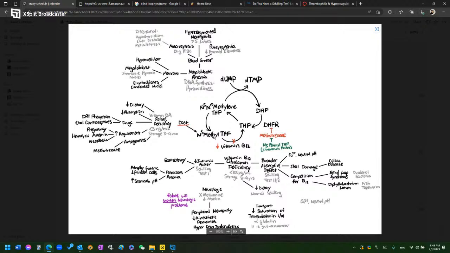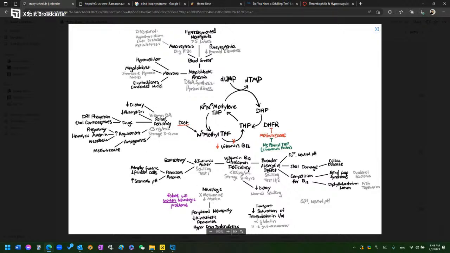N5-methyl-THF, I guess, is horrible for your nerves. And if you give them folate, it'll worsen it. It definitely is not a good thing.